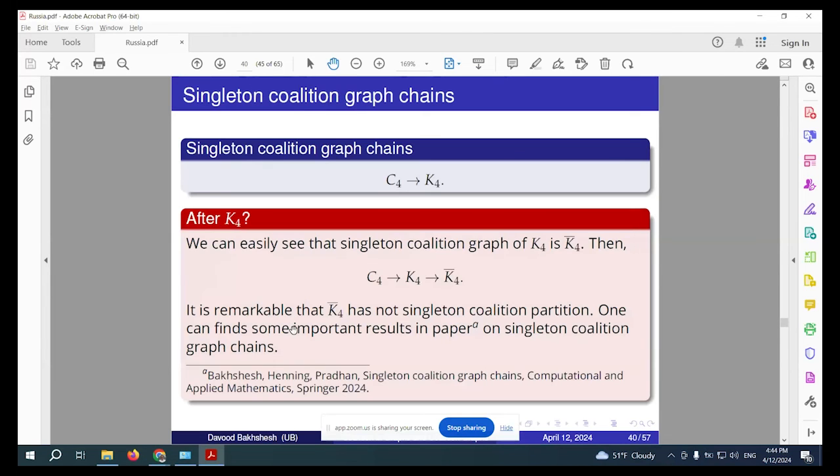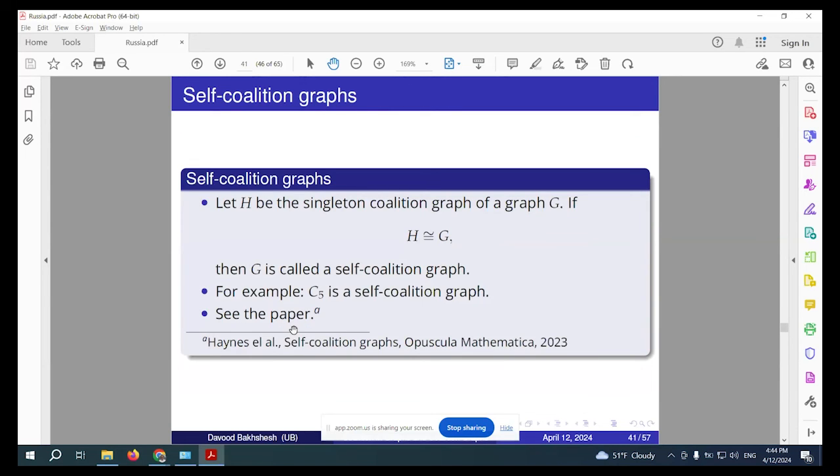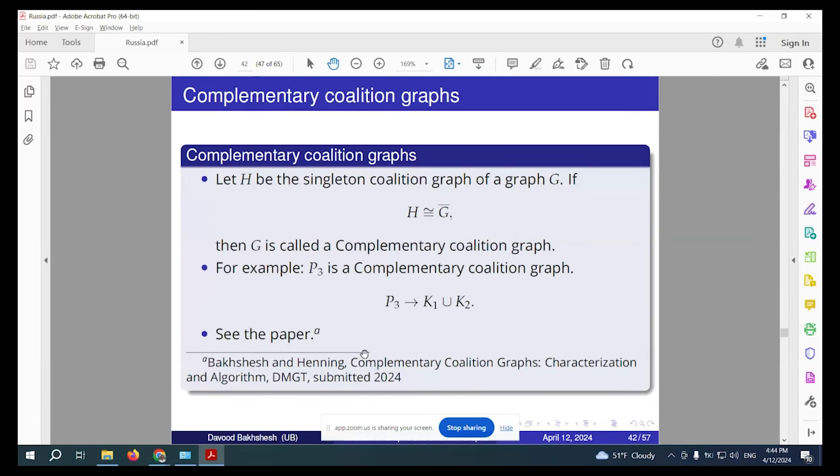In this chain, if we insert C5, we have C5, then C5, C5, C5. So C5 is a self-coalition graph. For more results, see the paper by Heinz and others entitled Self-Coalition Graphs.